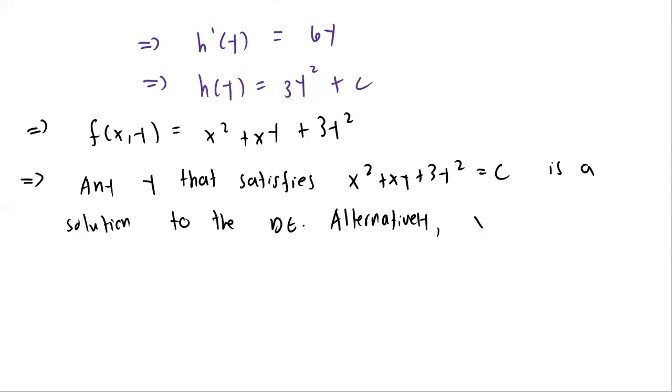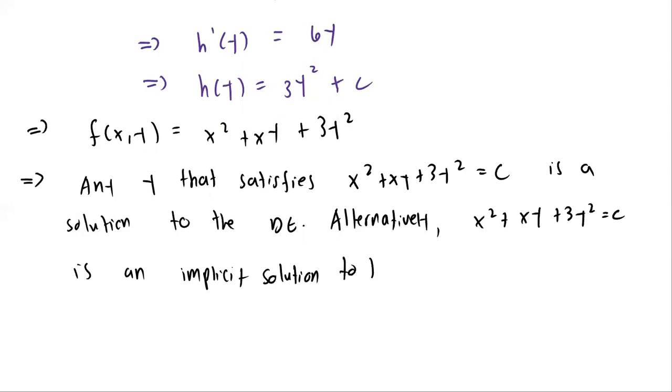Alternatively, x squared plus xy plus 3y squared equals c is an implicit solution, or is the general implicit solution. So it's the general solution, just read it implicitly. And either way you write it is fine. Either write it as an implicit solution or state that any y that satisfies this expression is also a solution to the differential equation.